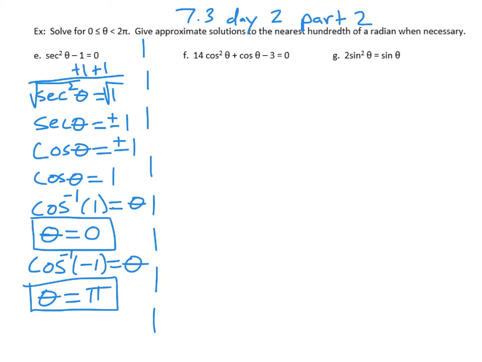We've got some factoring to do. So, let's do it. 14 cosine squared plus cosine minus 3. Okay, this is the case where we have to factor because we see we've got a cosine squared and a cosine to the first, okay?